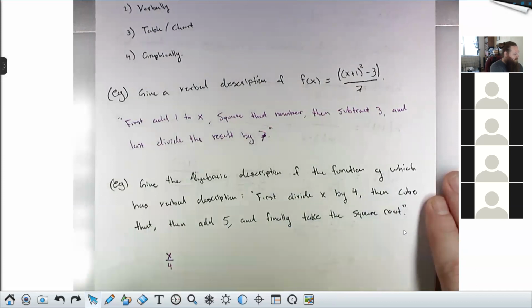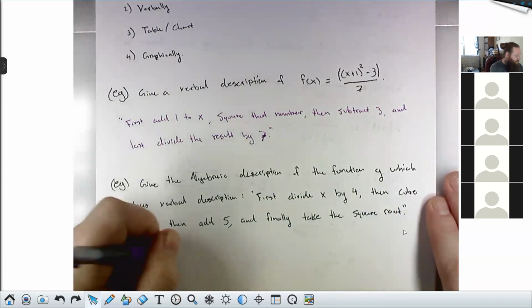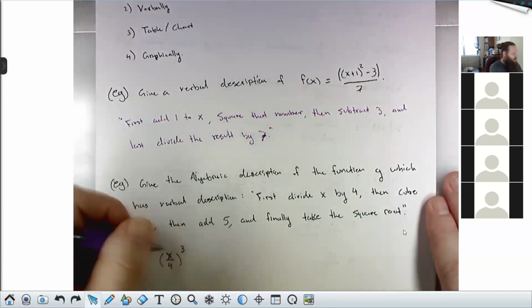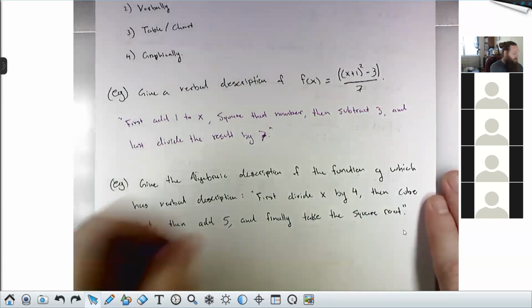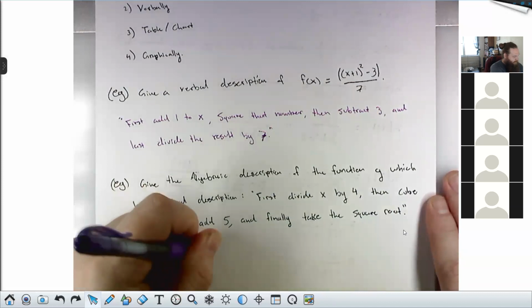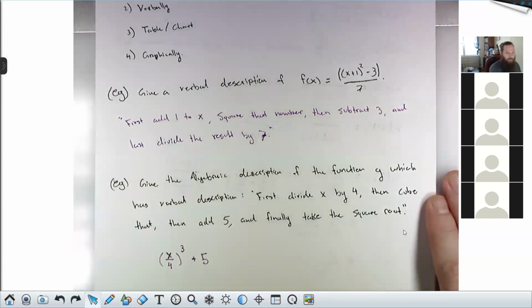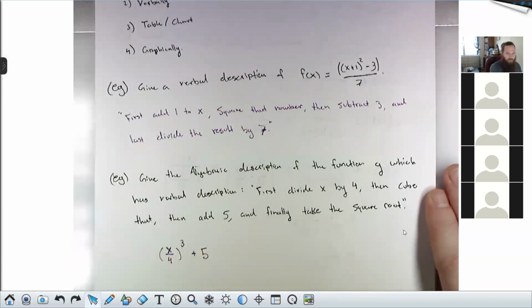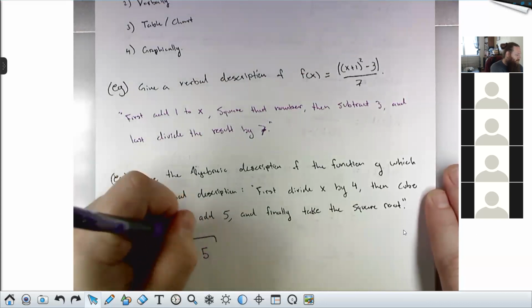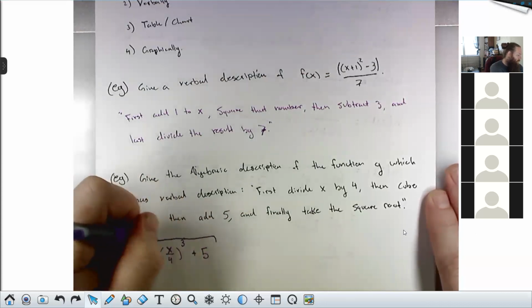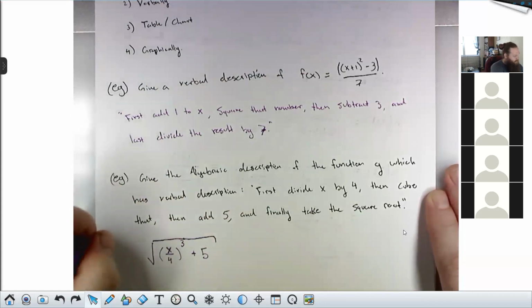Then cube that. So, okay, I'm going to take x over 4 and cube all of that. Then we're going to add 5. Okay, so I take that whole thing and I add 5 to that. And finally, we're going to take the square root. So I'm going to take this whole thing and shove it under a square root. This would be g of x.